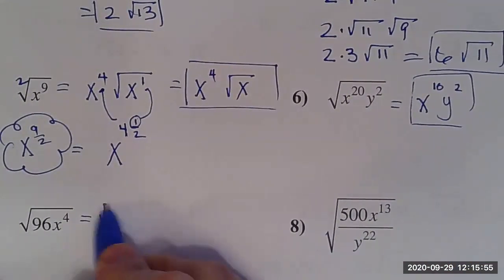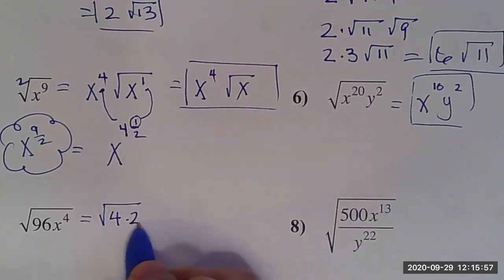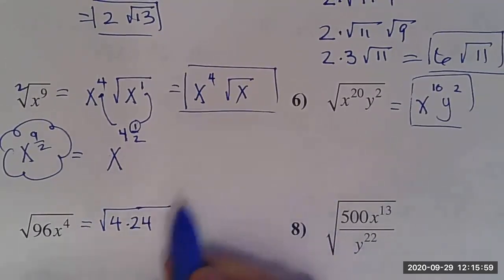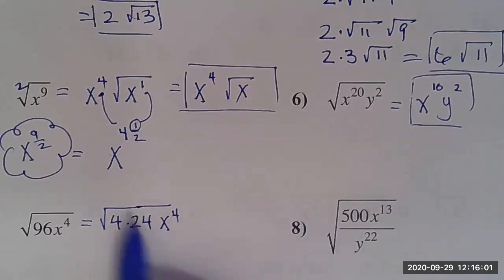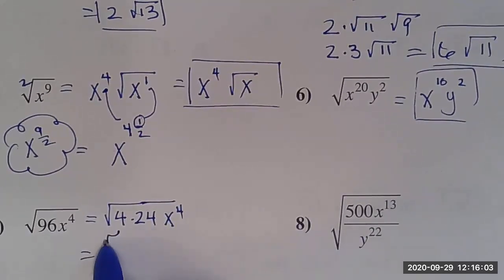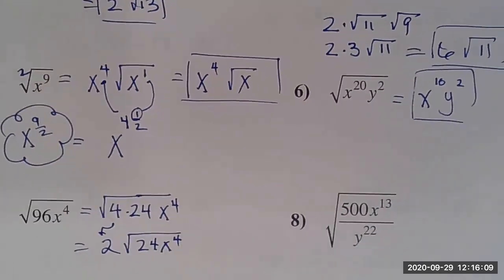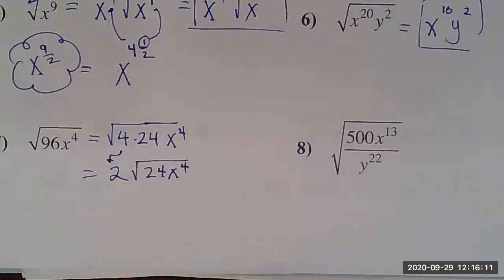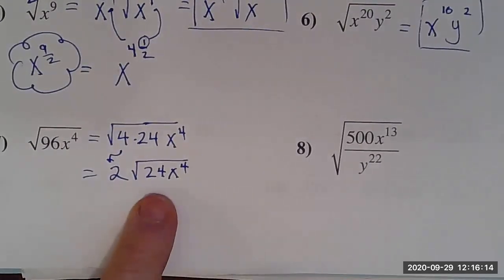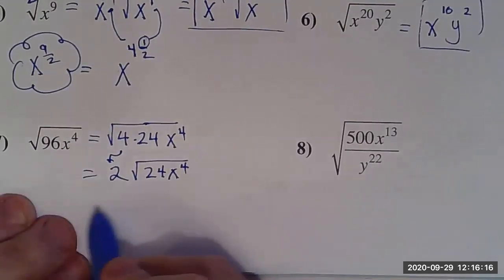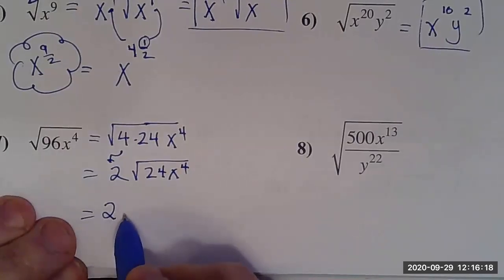So you could do this, which is not a problem. It's the square root of 4 times 24, and then x to the 4th. You could take this and make it into a 2 square root 24 x to the 4th. That works, but you need to keep going. 24 has another perfect square of 4. So what do you do with the 2? You leave it out here.